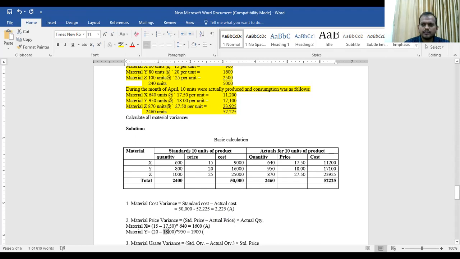It means it is a benefit. It is a favorable variance. Material Z, 25 rupees and 27.50 into 870, comes around 2,175.